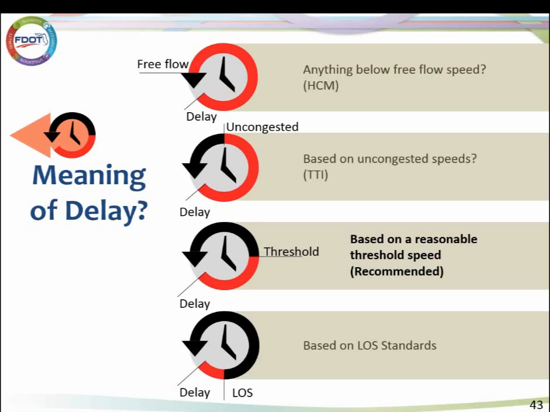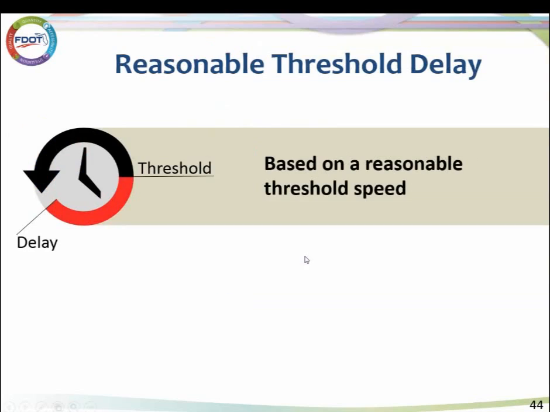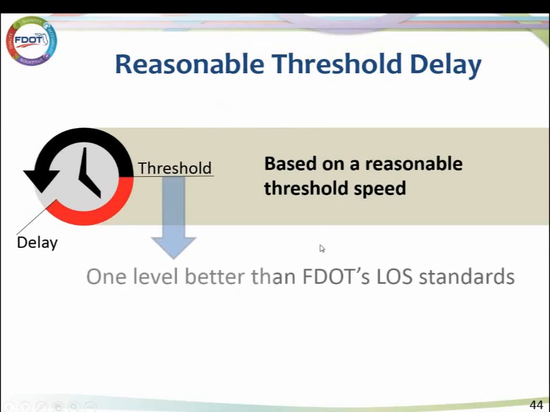The department's again recommending a threshold speed, and that threshold speed is one level of service better than DOT's level of service standards. So for instance, in rural areas where the level of service standard is C, we wouldn't start counting delay until it was at a level of service B.